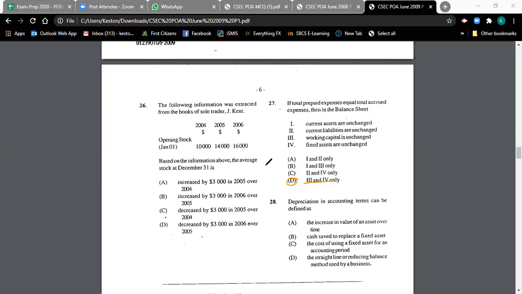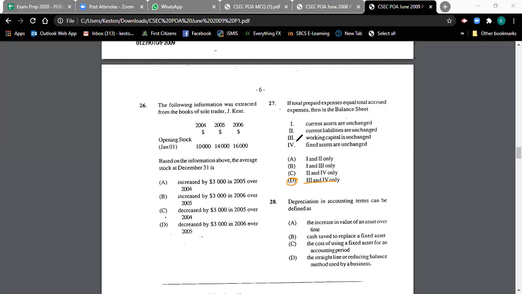Let's think about the answer. You agree with that one? Working capital remains unchanged. Because that's current assets. Not really?